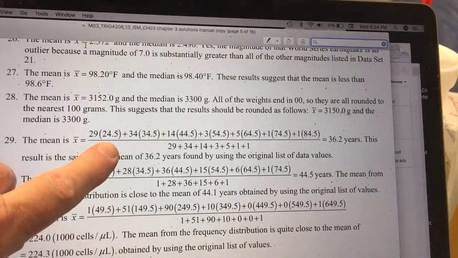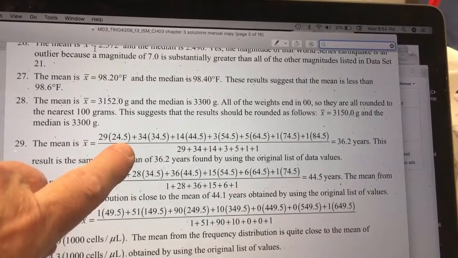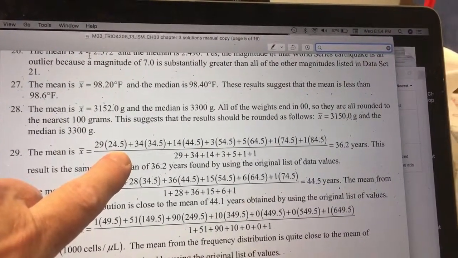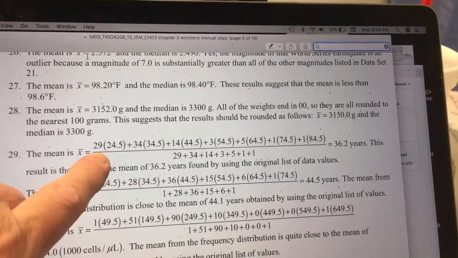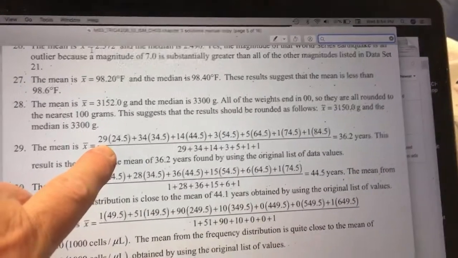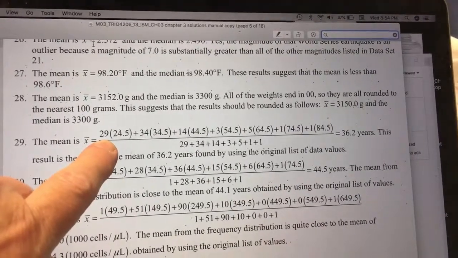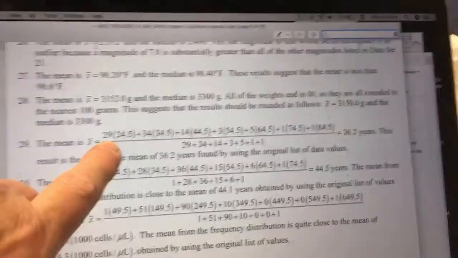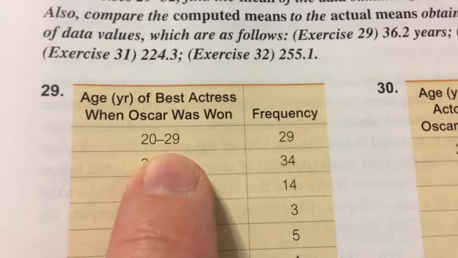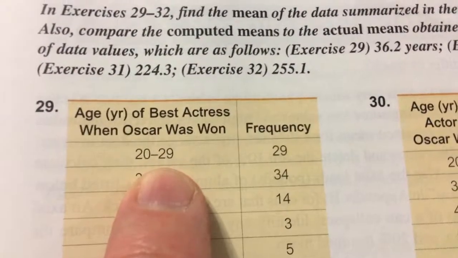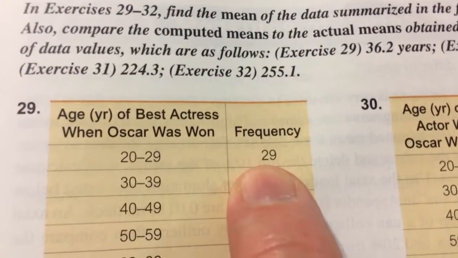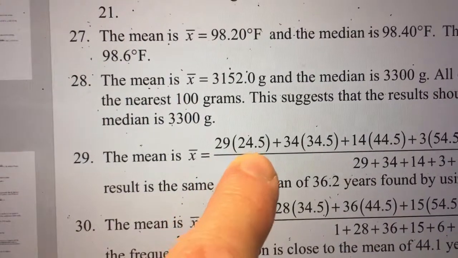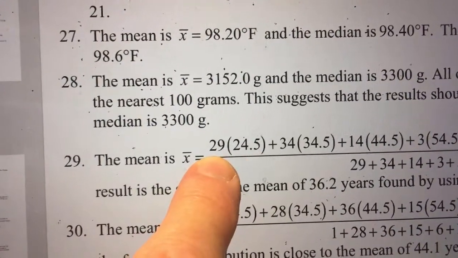So here we're back on the answer key, and you've got 24.5, which is the midpoint of the range, 20 to 29, and we're multiplying it by 29 because that was the frequency of the first class. As you see, 20 plus 29 divided by 2 is 24.5, and we multiply the 24.5 by the 29. Here is the 24.5 multiplied by the 29.